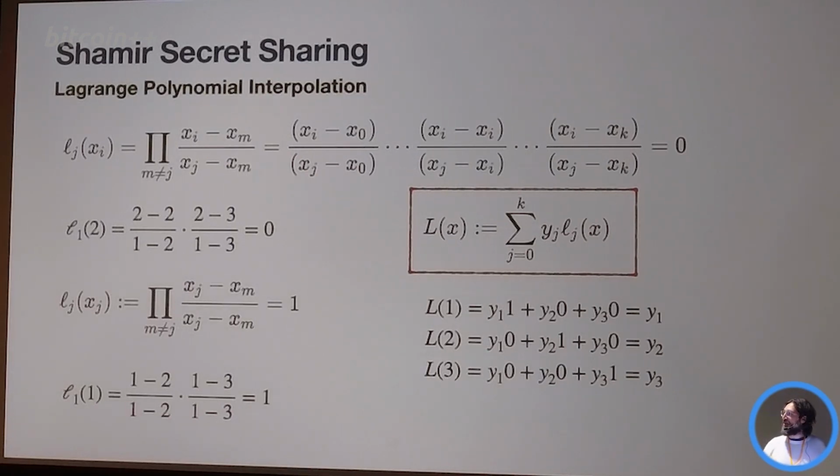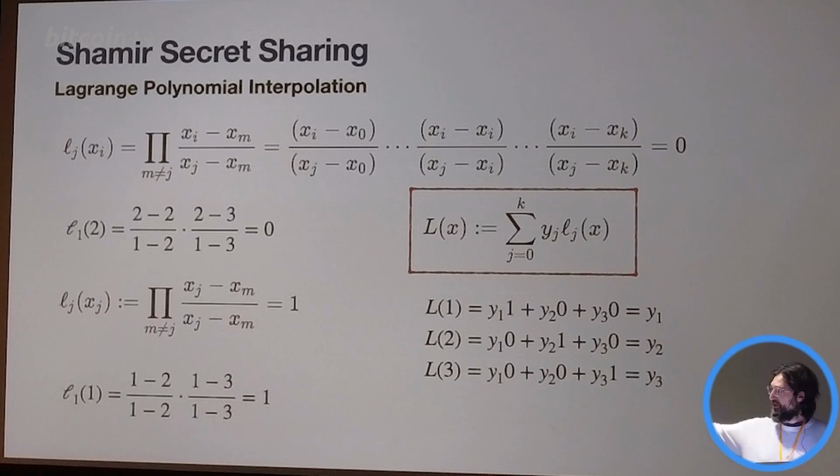We can see that it equals 0 because the first term is 2 minus 2, and so that zeros everything out. Now, on the bottom left, if we take the Lagrange function for the first point and give it its own x value, it's going to equal 1 because we get this repeated 1 minus 2 over 1 minus 2.